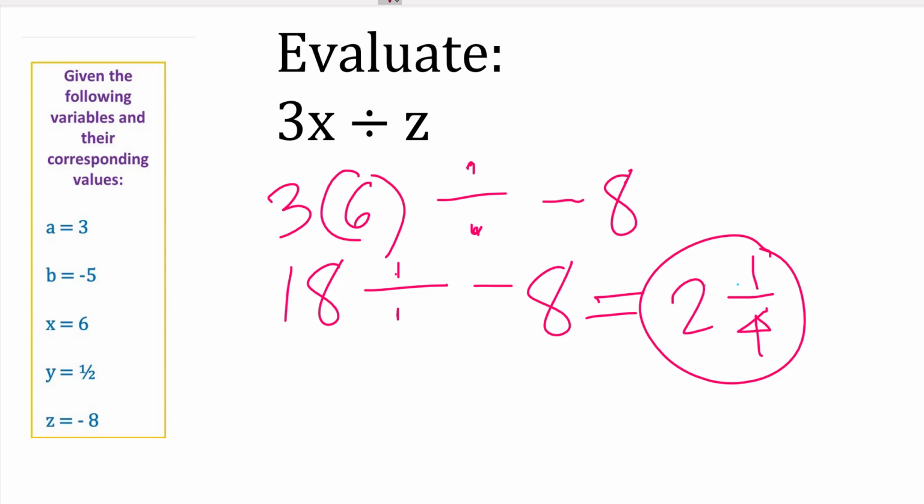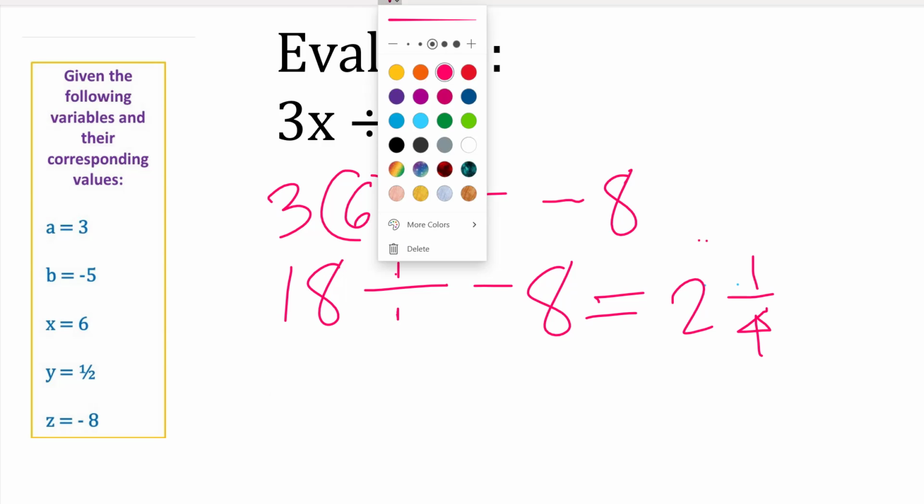So again, to summarize now, let's go back to the original expression, 3x.